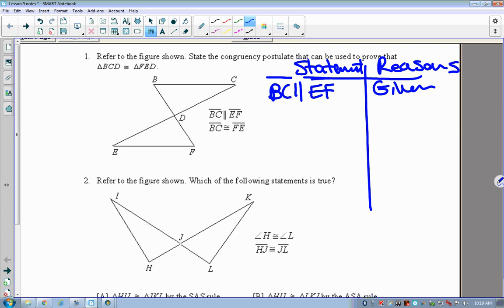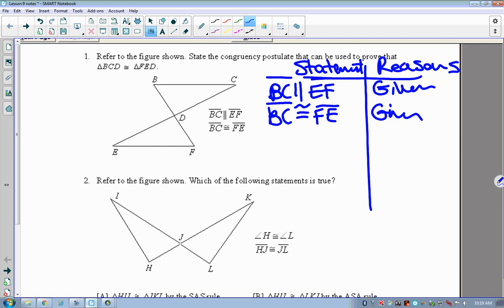Is that pretty easy? That's basic. The next thing: do they give me another given? BC is congruent to segment FE, given. For this next part, I'm going to use tick marks and do everything to the illustration that I can to help me prove what I need to prove.